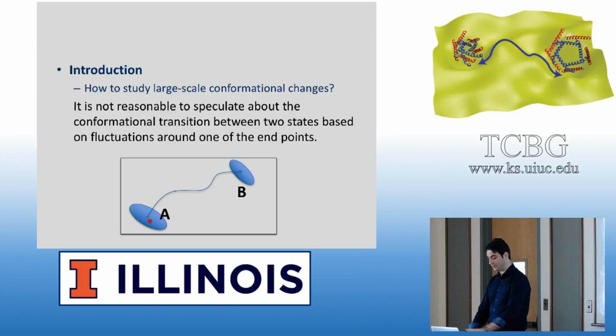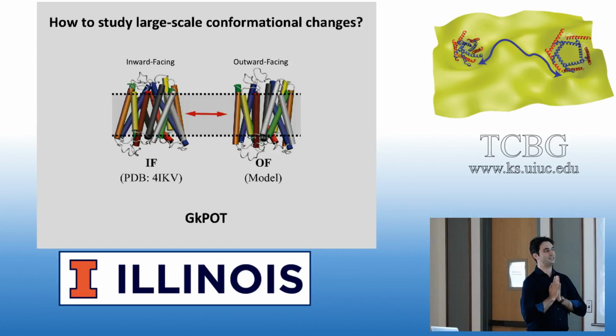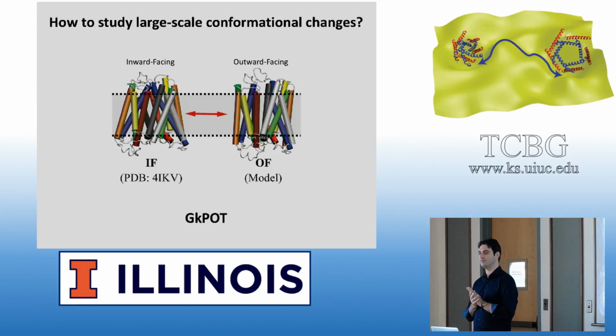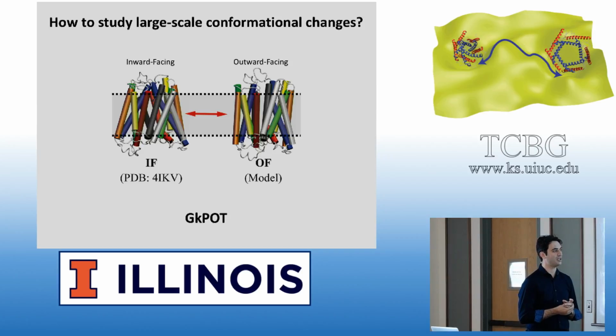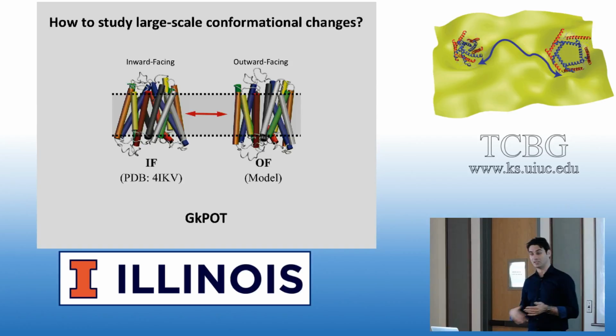Okay. So now that I made my argument against using just regular equilibrium simulations for the study of larger scale conformational changes, the question would be, so what to do now? The idea that I promote here is to start with generating some pathway based on the knowledge that you have of the other state, kind of an empirical way of reconstructing the transition, and that involves using some experimental data about what the other state might look like.